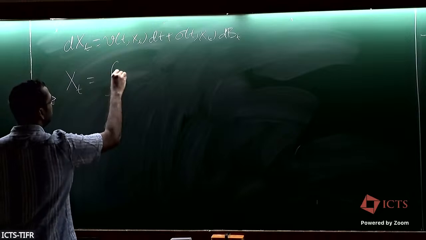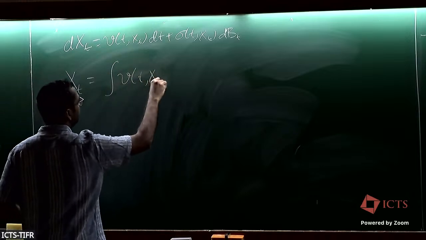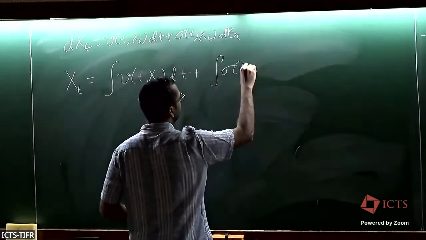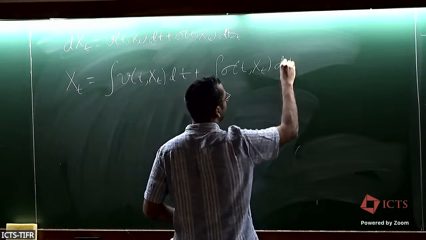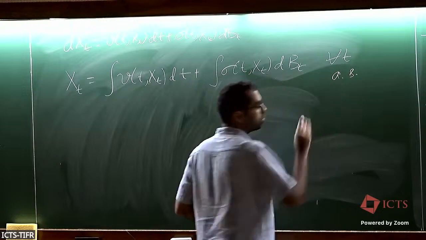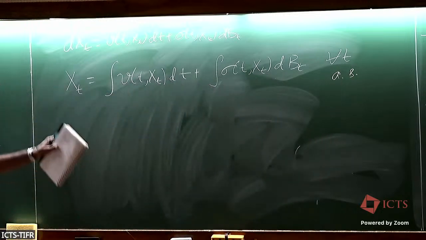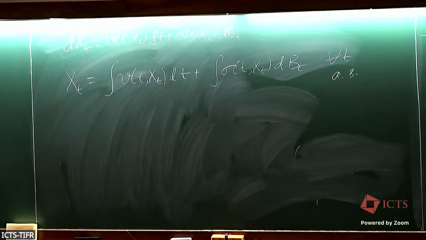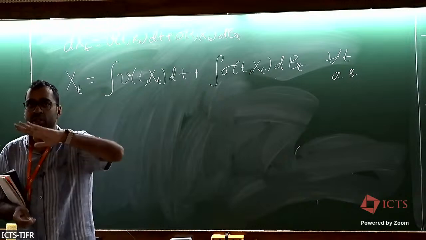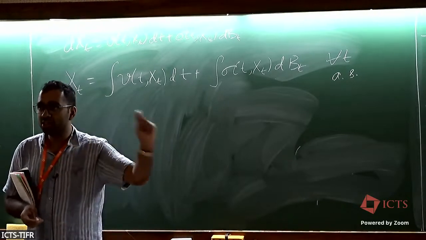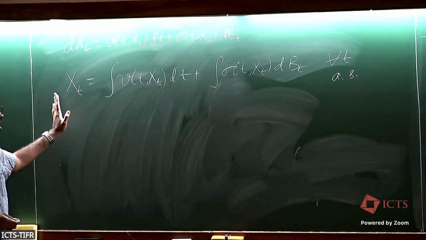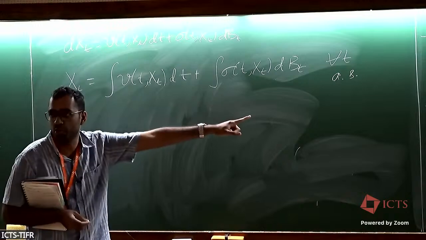We want to solve the following integral equation on random trajectories xt such that given a Brownian motion, this holds for all t almost surely, right? Xt, just like dbt, is also a random trajectory, a function of, hopefully, this Brownian motion. I'm given a Brownian motion, which is a kind of driving, disturbing noise, and then I try to solve this integral equation, which is solved for all t almost surely, right?